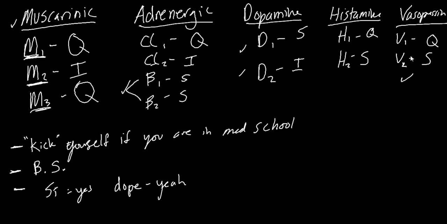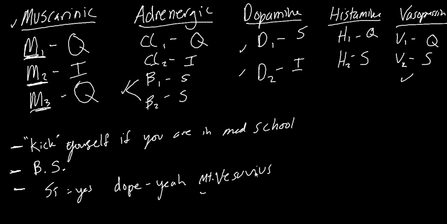Okay, I can tell you vasopressin. How are you going to remember vasopressin? Well, have you ever heard of Mount Vesuvius? Mount Vesuvius. It's in Naples, Italy. Let's see, Mount Vesuvius. I believe that's how it's spelled. It's a volcano in Naples, Italy.